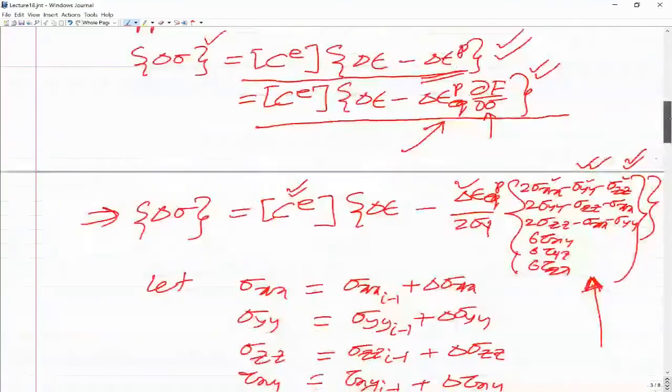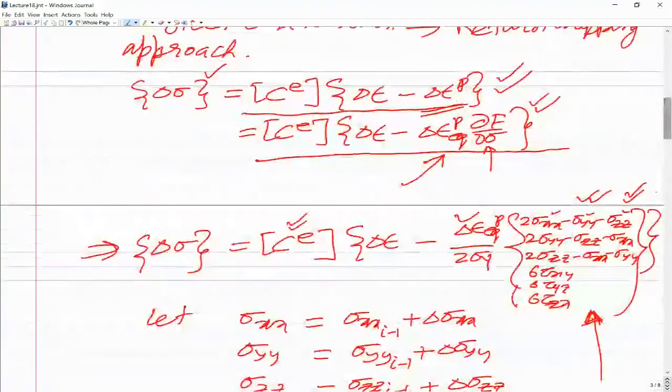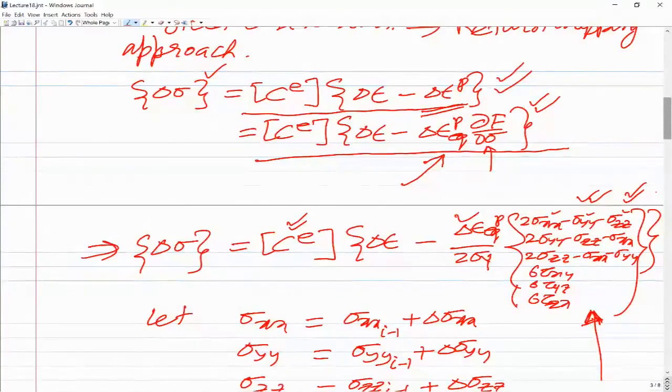We started with the definition of equivalent strain, and then we wrote the plastic strain in terms of del f by del sigma, and substituted the del f by del sigma terms. That comes true for kinematic hardening also. But yes, the derivation we did was shown for isotropic hardening.